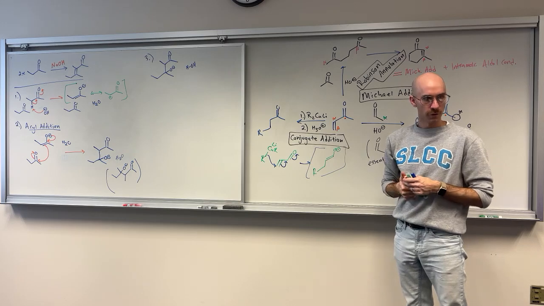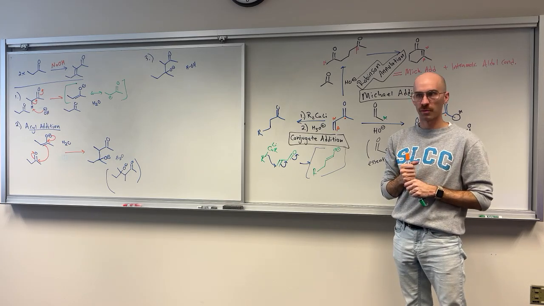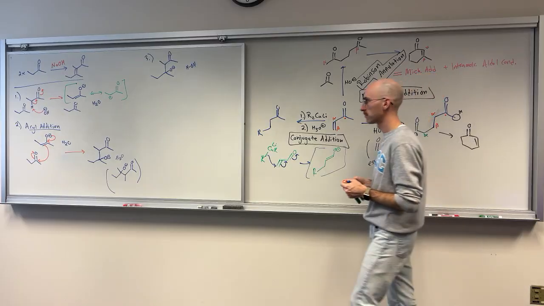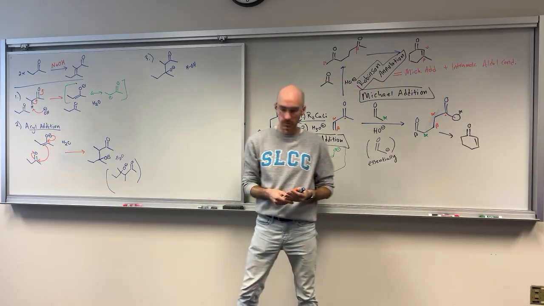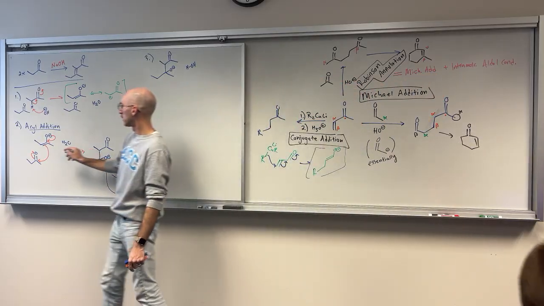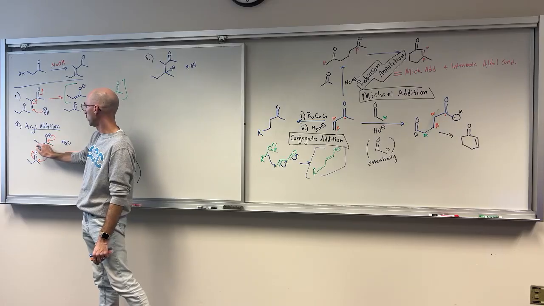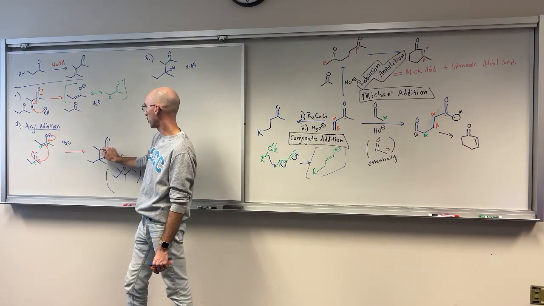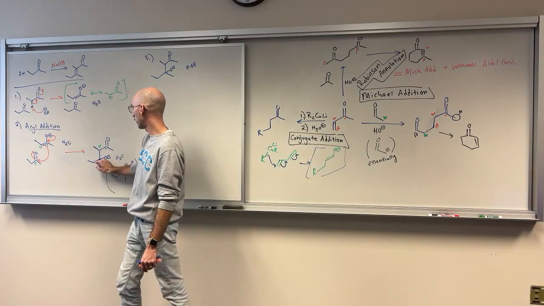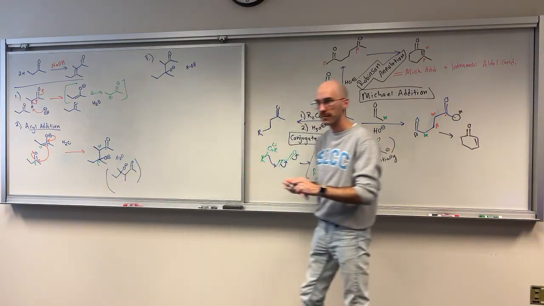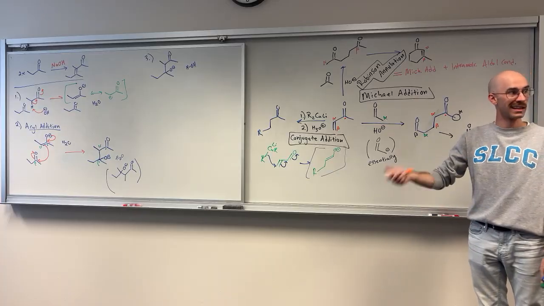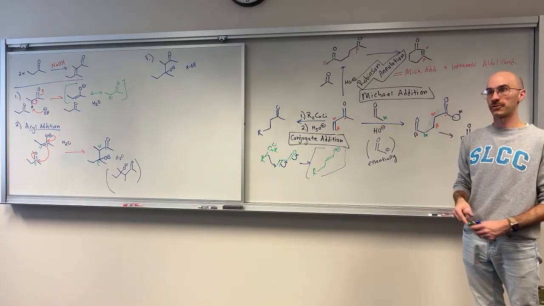By the way, if you're going through this and you're struggling to keep track of the carbons, what's a good way to map your carbons here? Label the carbonyl and alpha and beta. It's a good way to keep track because that's the skill we were using in the synthesis and the retrosynthesis.